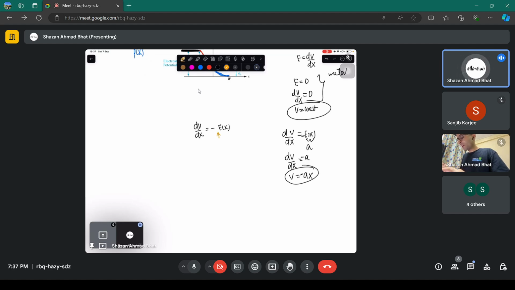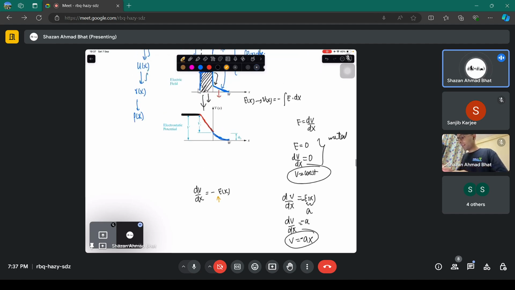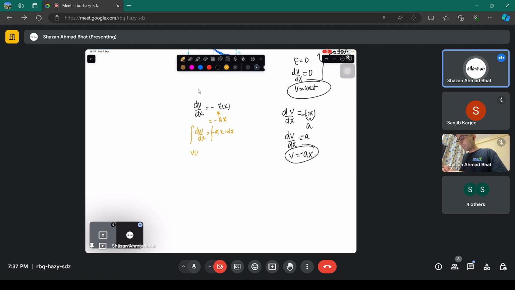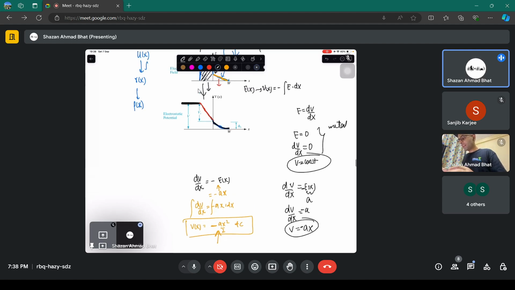Let's say the electric field here was a linear function of x, let's say minus a times x, so dV by dx is minus a times x. Integrating both sides with respect to x, you get V as a function of x is minus ax squared divided by 2 plus some c. It is parabolic, x squared but with a minus.